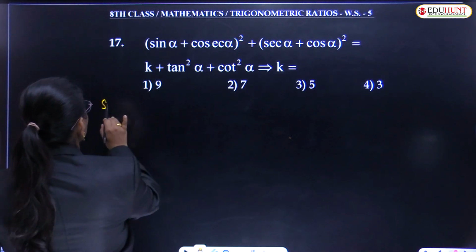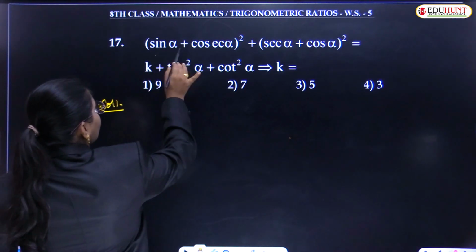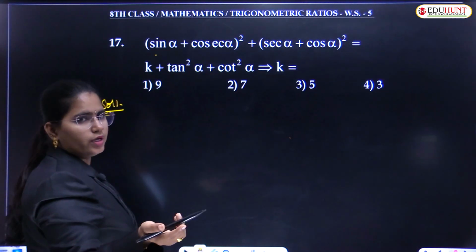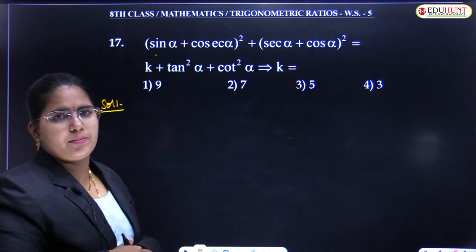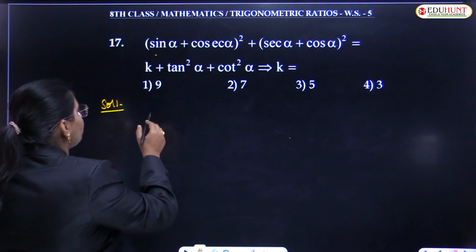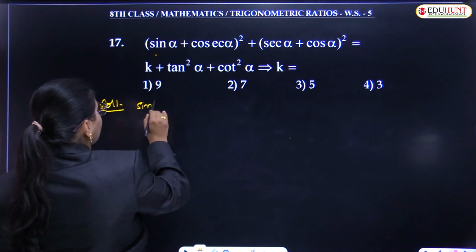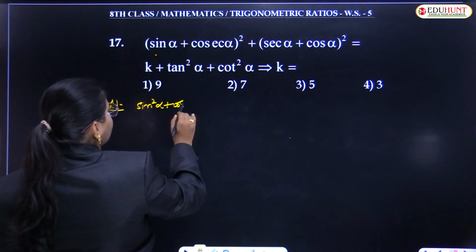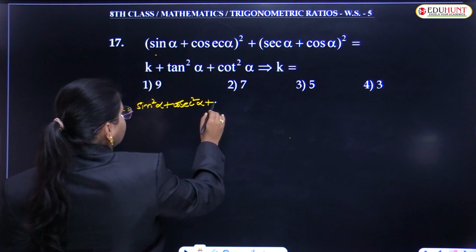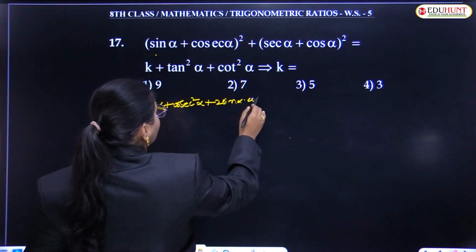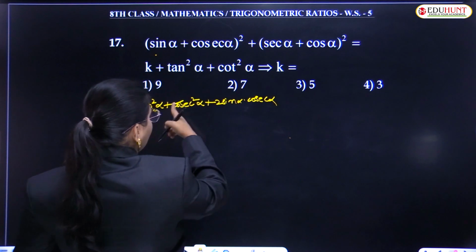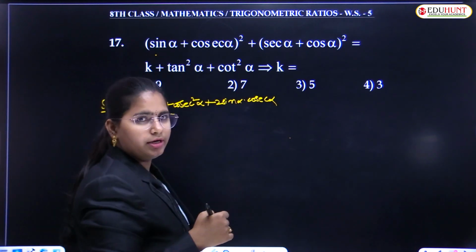By looking at this, we can apply (a plus b) whole square, right? This is (a plus b) whole square, a square plus b square plus 2ab. So what I am going to do is sin square alpha plus cosecant square alpha plus 2 sin alpha into cosecant alpha, a square plus b square plus 2ab, done.